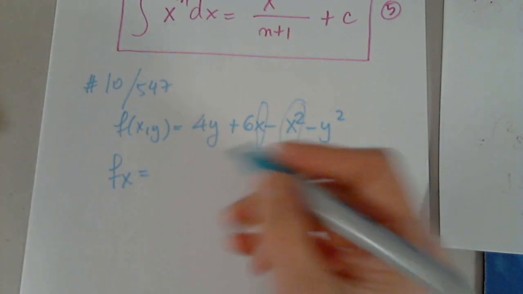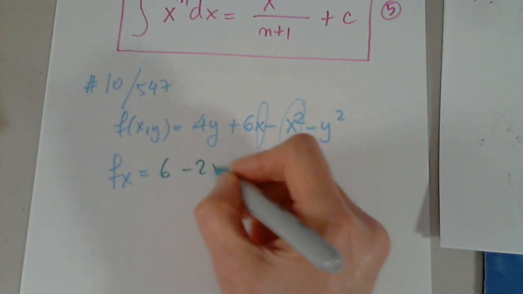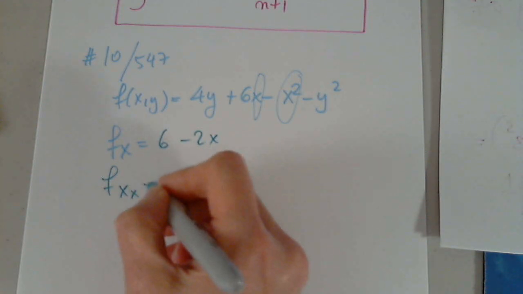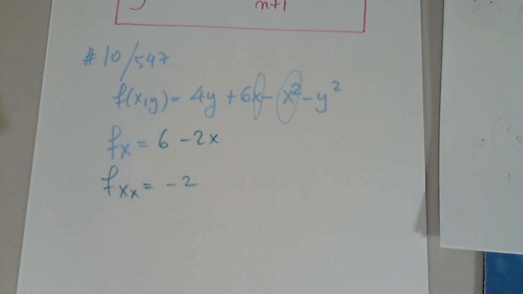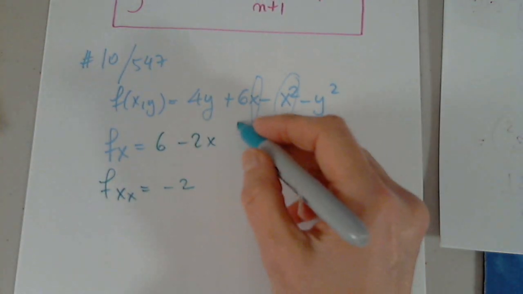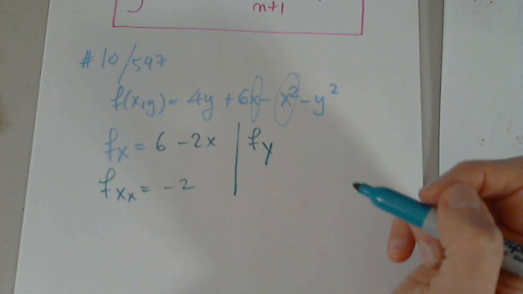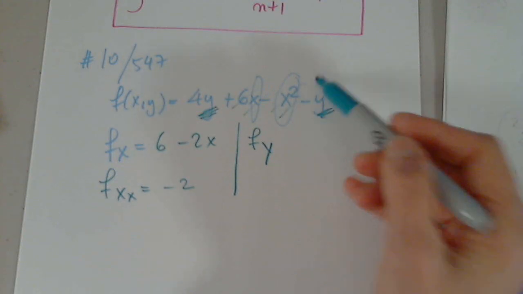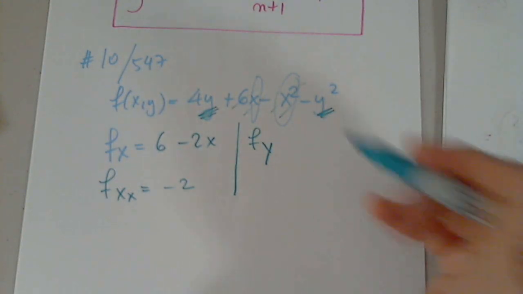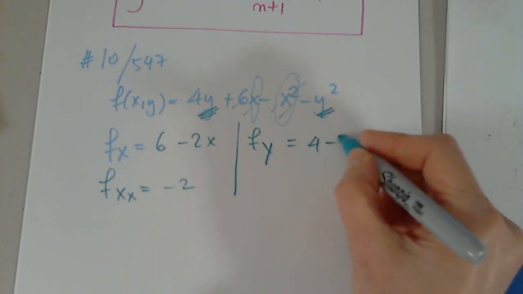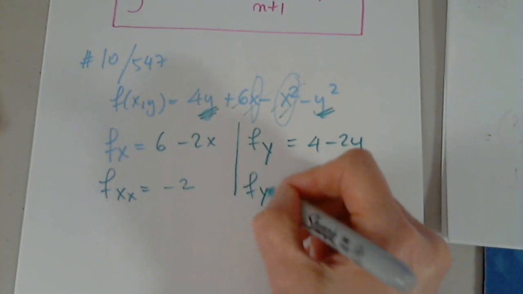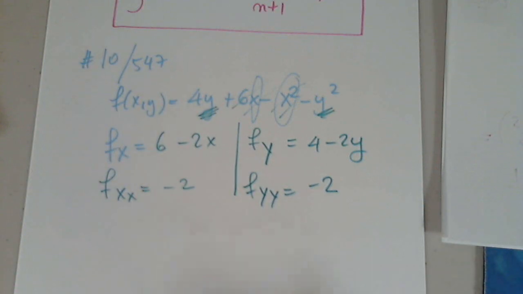So when I differentiate, I get 6 minus 2x. Now, if I want to differentiate again, I will get negative 2. Now, if I differentiate with respect to y, then y is the variable. These will go away. They're constants. So fy will be 4 minus 2y. If I differentiate this again with respect to y, I get negative 2.